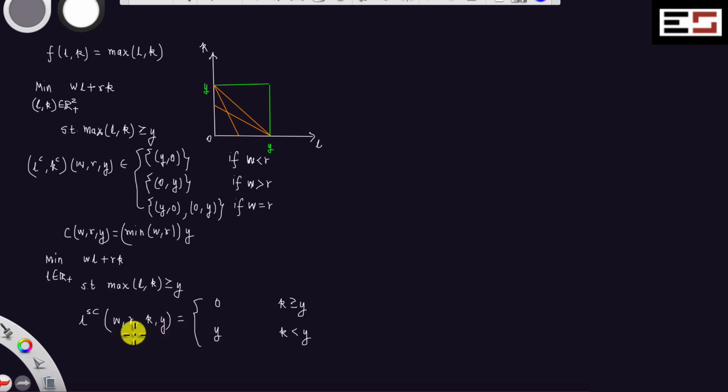And the associated short run cost function is therefore, if K is greater than or equal to y, then it is just RK, because you are not employing any labor. And if K is less than y, then it will include the fixed cost, which is RK, and also the additional cost on labor, which is Wy.